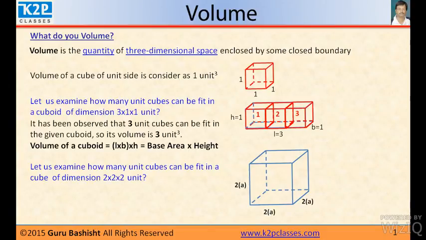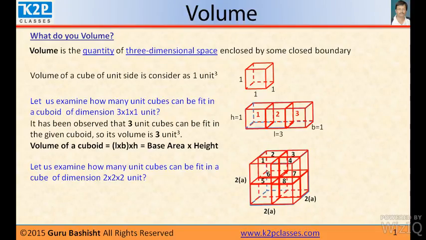Let us examine how many unit cubes can be fit in a cube of dimension 2 into 2 into 2 unit. We can see that we can fit 8 unit cubes in the given cube.